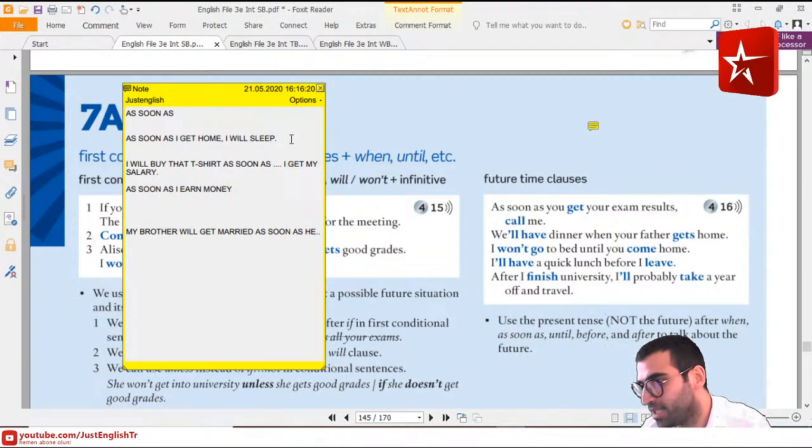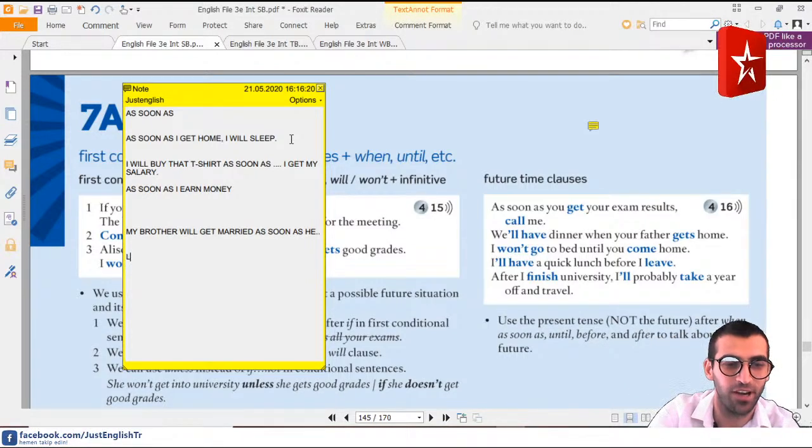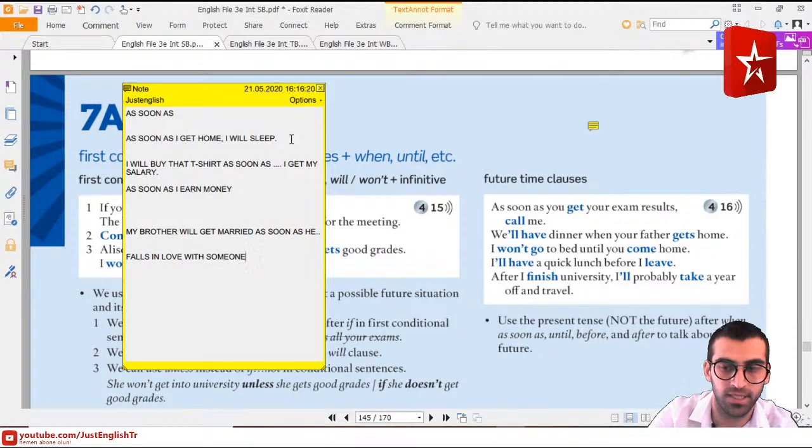Arif says he meets the woman that is the love of his life. Yes, as soon as he falls in love with someone, this is the first idea.